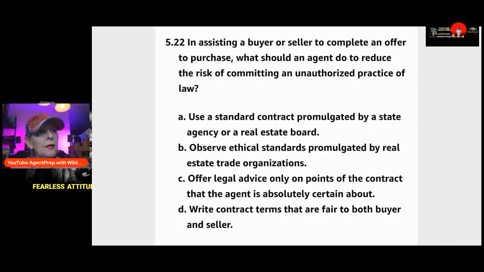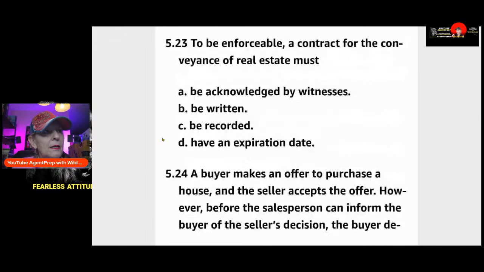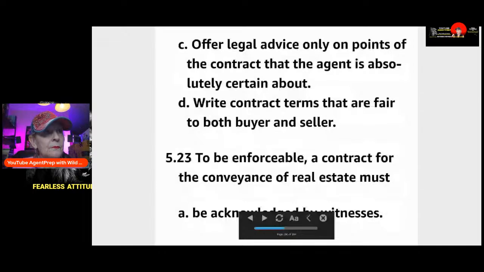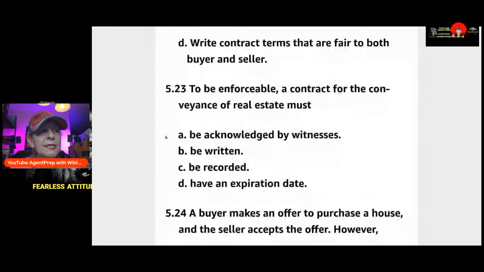To be enforceable, a contract for the conveyance of real estate must be what? A, that contract must be acknowledged by witnesses. B, be written.